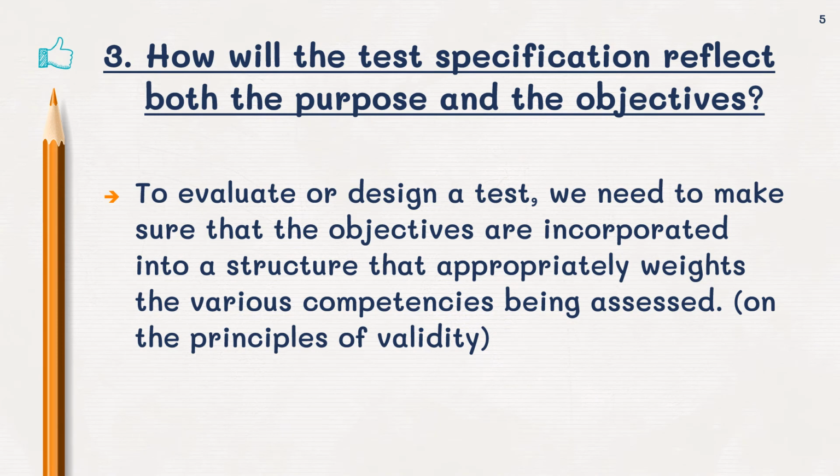The third question we need to figure out is about how the test specification will reflect both the purpose and the objectives. Before evaluating and designing a test, we need to make sure that the objectives of the test we are going to design are incorporated into a structure that appropriately weights the various competencies being assessed.